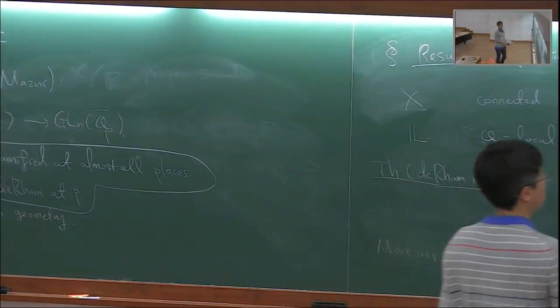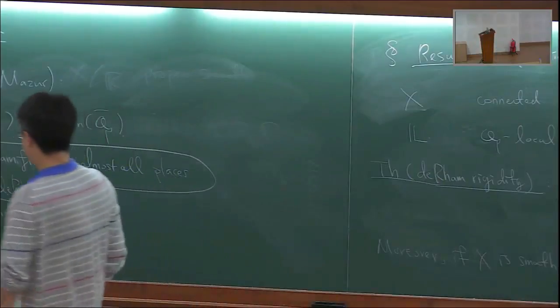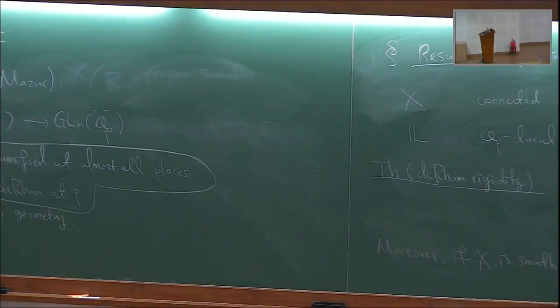Subquotient, yes. Coming from geometry means the subquotient of the cohomology of some algebraic variety over a number field. So the definition of geometric is purely representation theoretical.